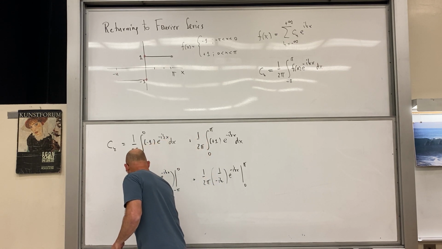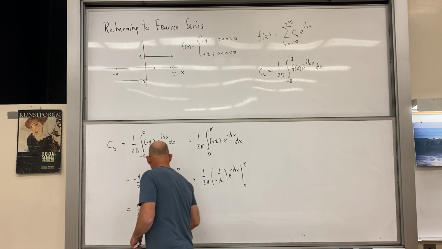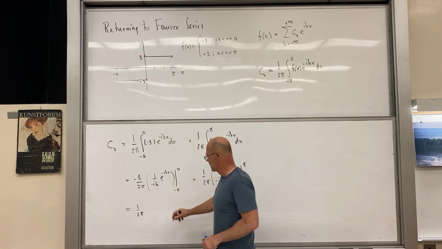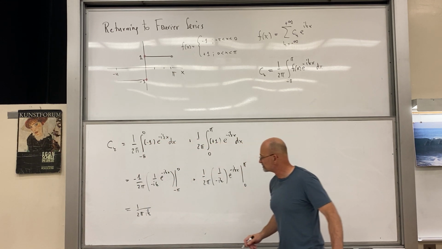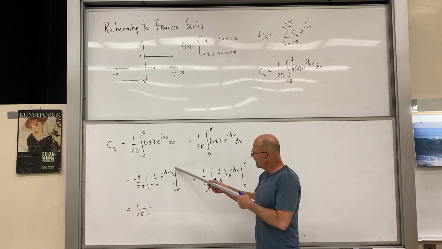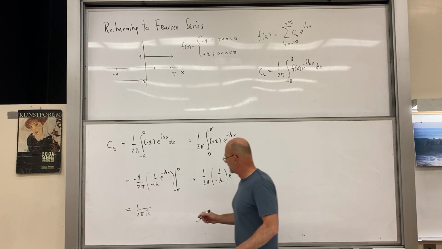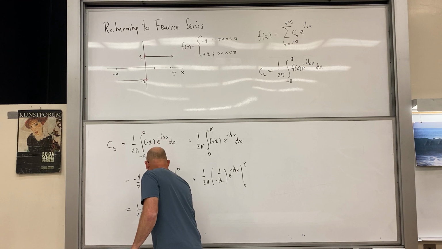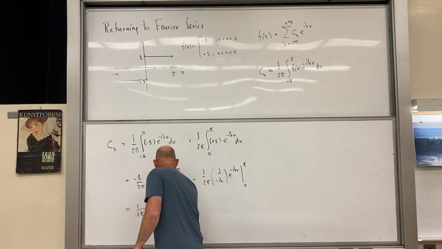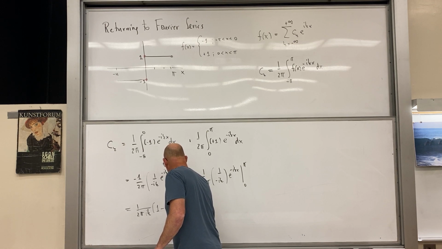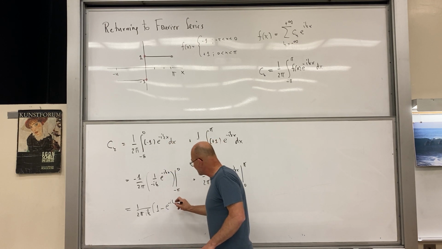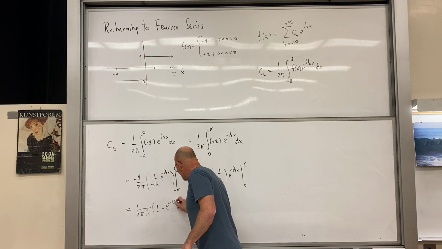We have 1 over 2 pi I k. Then we evaluate at 0, that's a 1, 1 minus e to the minus I k negative pi, so that's just a plus I k pi.